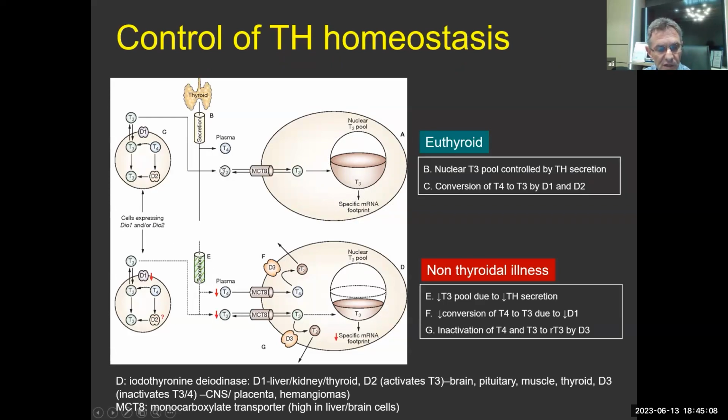And so the T3 gets transported into the nuclear cell via this thing called MCT8, and this can sometimes be deficient in genetic disorders. So in a euthyroid state, you have enough T3 that's transported into the cell, and you can see that T3 then will undergo its biological function by acting on the T3 receptor.